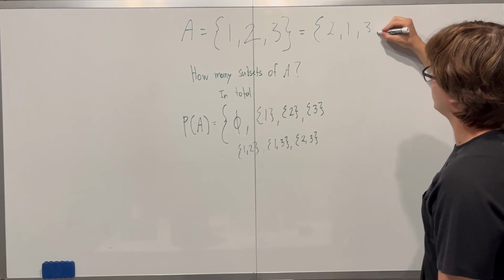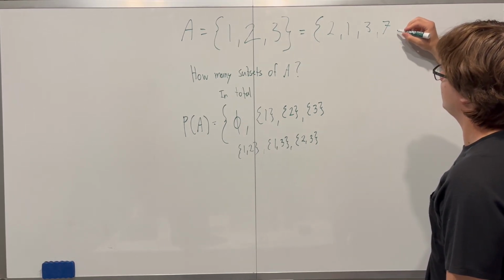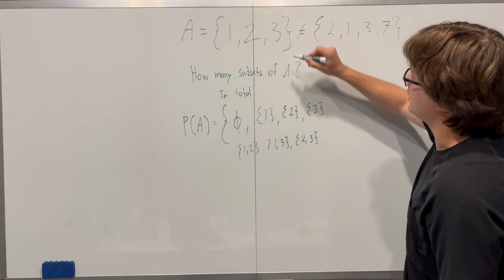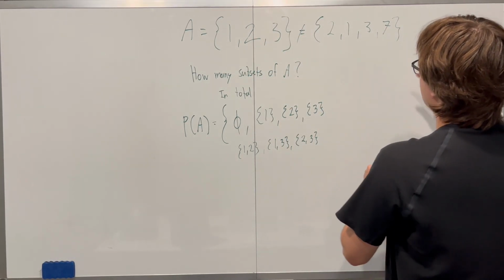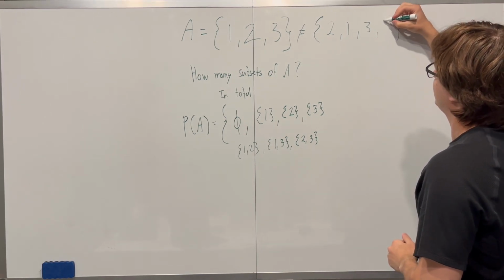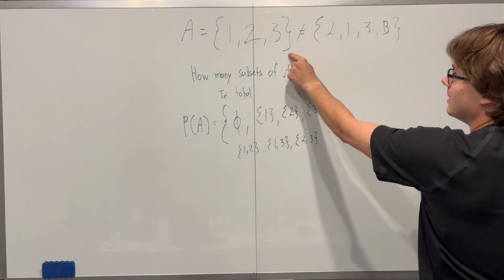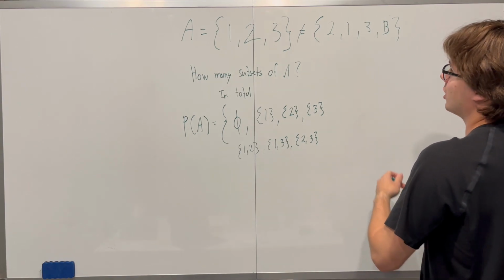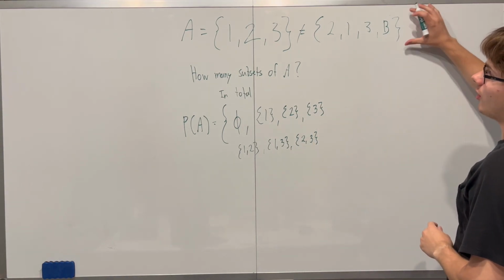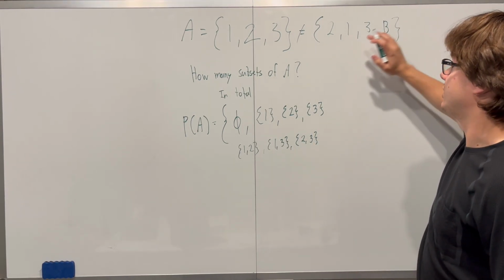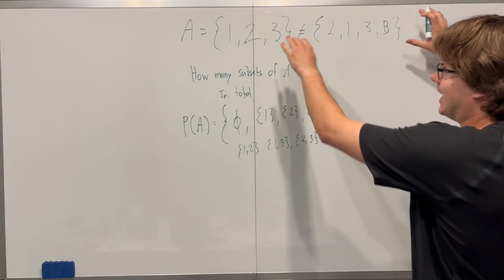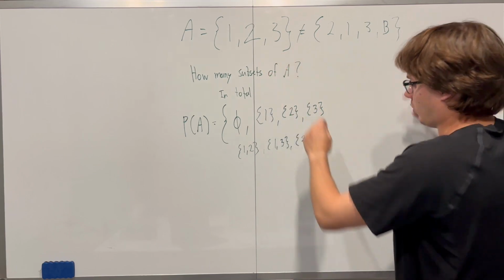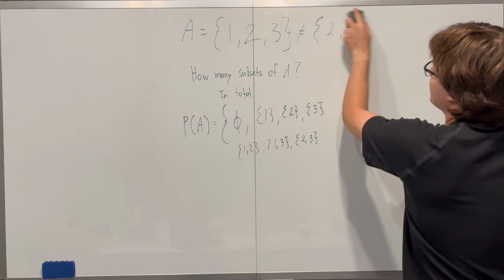If I instead wrote down something like 7, this would no longer be correct because 7 is not over here, right? Or if I wrote down something like B, it is not on the left-hand side. So in this case, the sets aren't the same, not because the order is different, but because the elements inside of these two are not equal. So that's a very important note here.